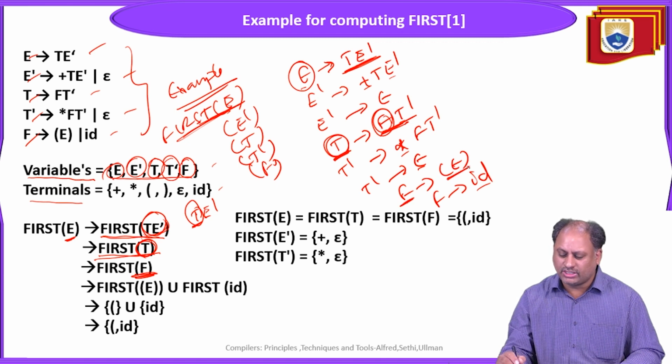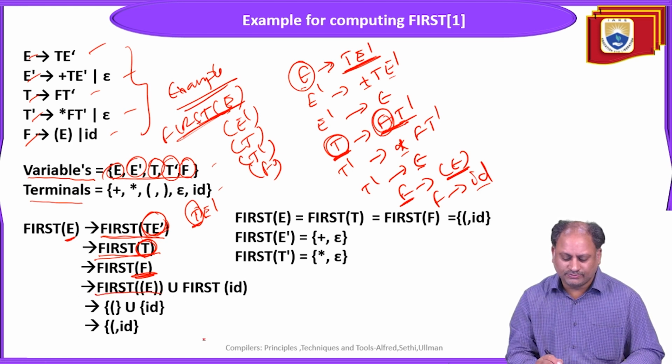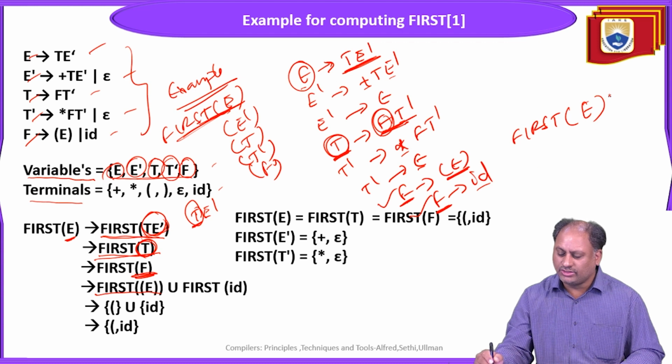It is parenthesis E. That's why you have written parenthesis capital E. And we are also having one more production. So how many productions are there? All results are to be considered. In the previous cases we got only one rule, that's why we considered one. But here if you observe, capital F belongs to two cases. So we have to consider the one, that is first of E, and also we have to include what?